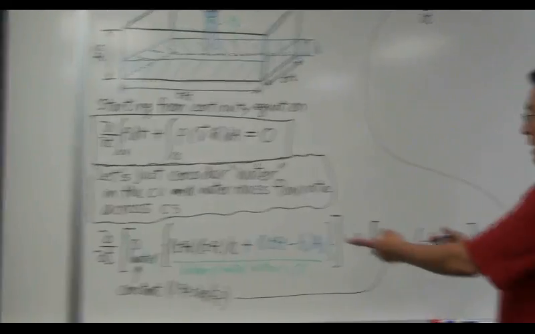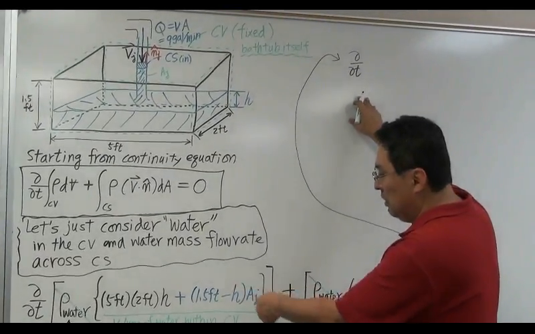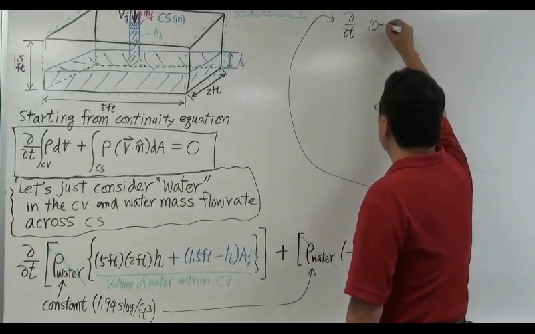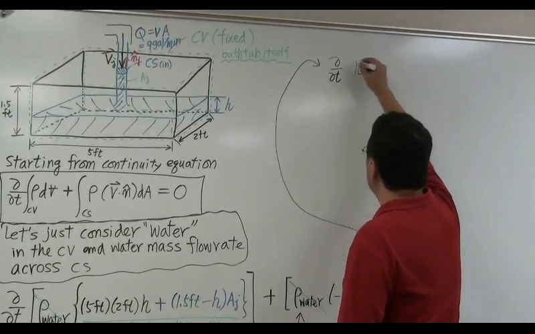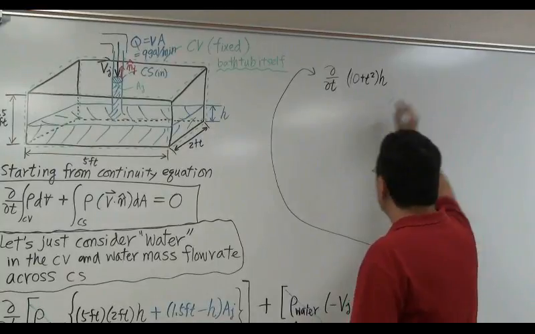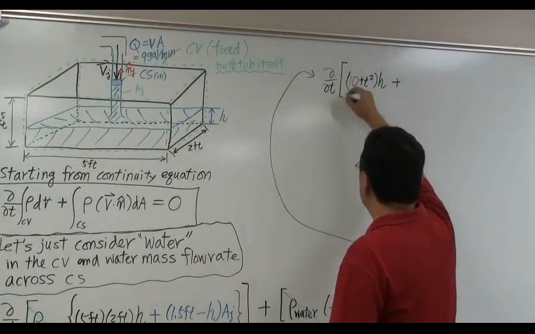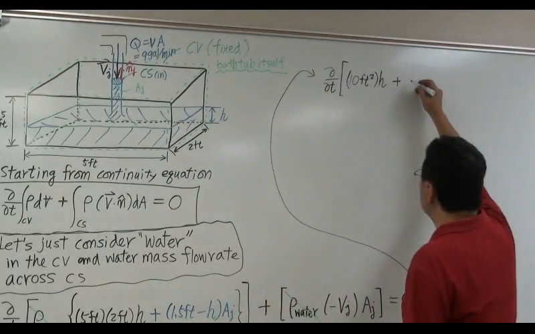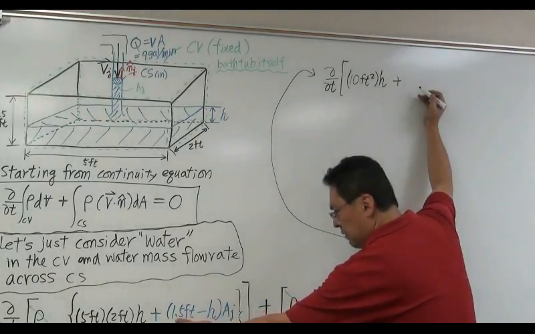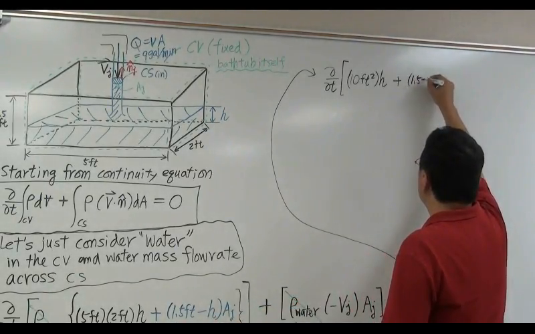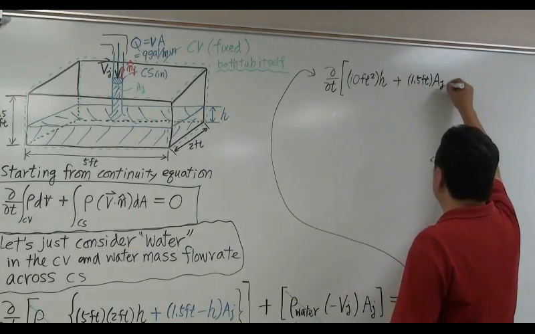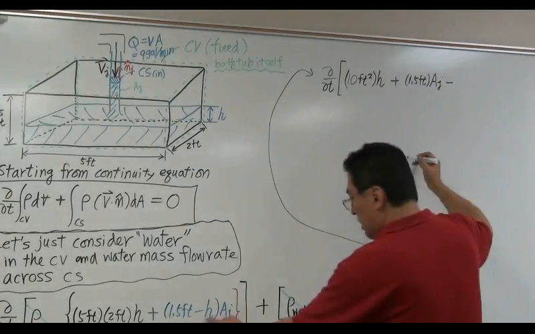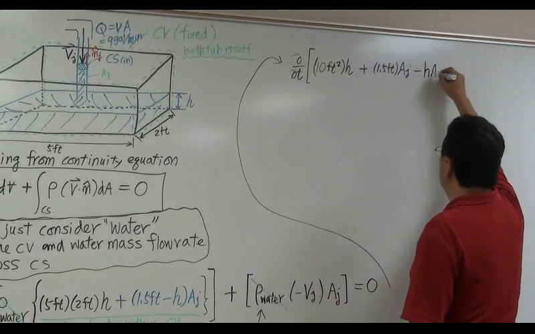Okay, so if you do that, the left-hand side becomes d/dt of, within the bracket, 10 feet square times h, plus 1.5 feet times A_j, minus h times A_j.